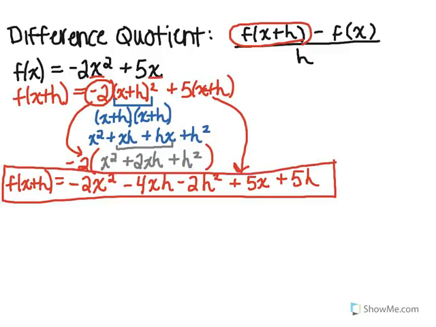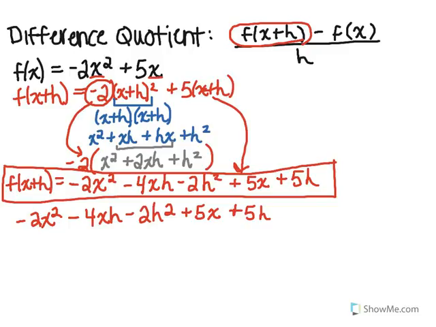So now let's plug it into our expression. I'm going to start by writing out the f of x plus h again. So negative 2x squared minus 4xh minus 2h squared plus 5x plus 5h.